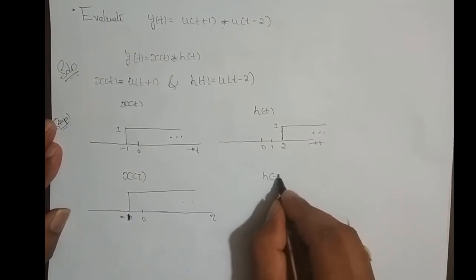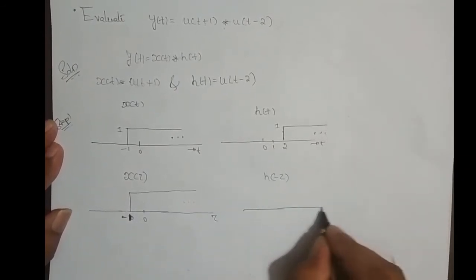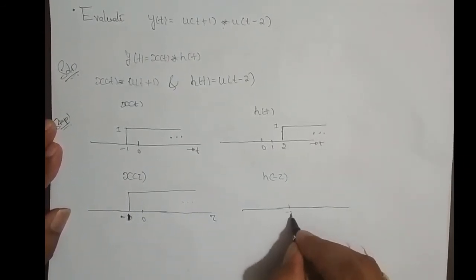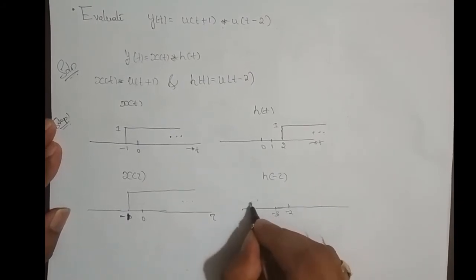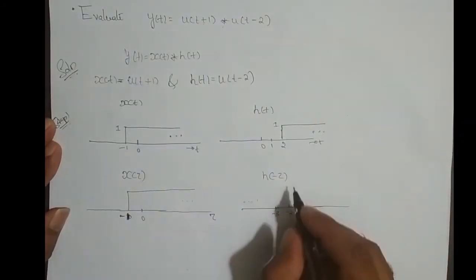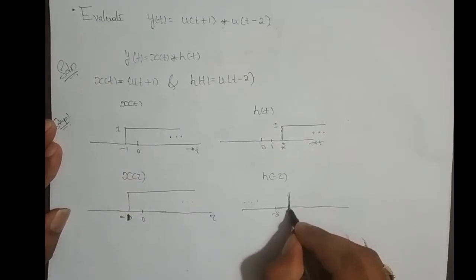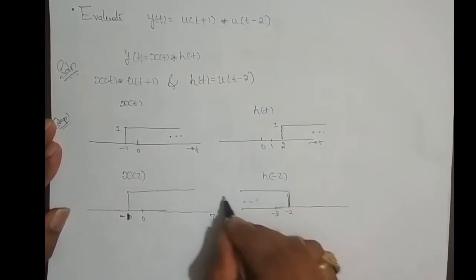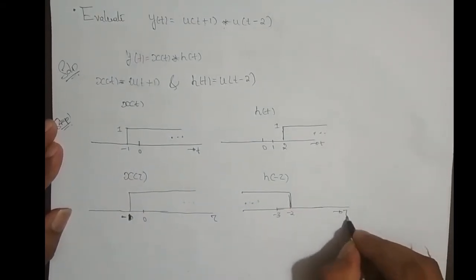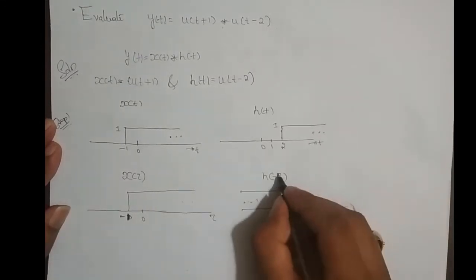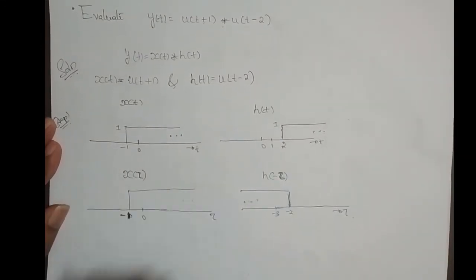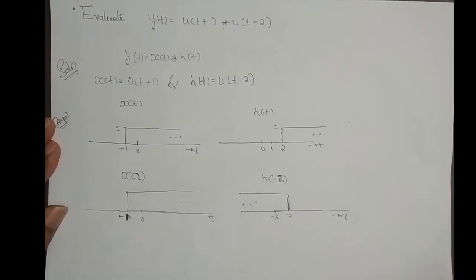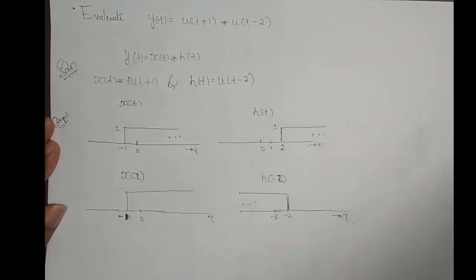How do we get h of minus tau? The mirror image of h of t. So this is minus 2, minus 3, and so on. This is the right mirror image. It started from 2, so this will start from minus 2. This goes till minus infinity, and this is tau.